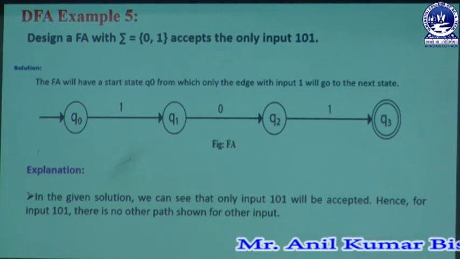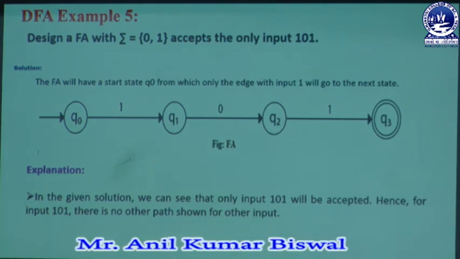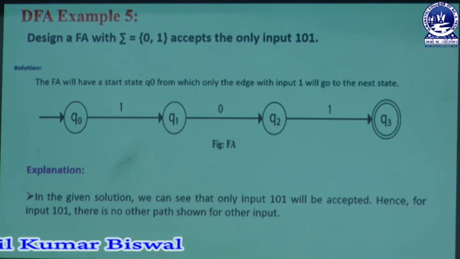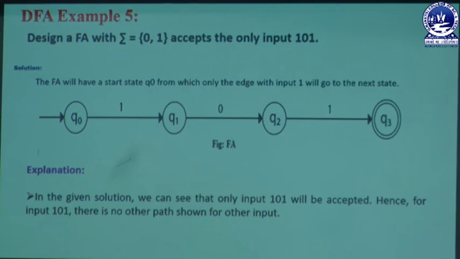Whenever Q0 reads a parameter like 1, it automatically creates a new state, Q1. Whenever Q1 reads 0, it creates a new state, Q2. Whenever Q2 reads 1, it is automatically redirected to the final state. That means it is the end of the diagram.